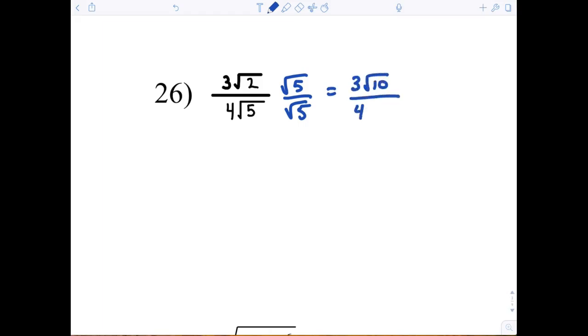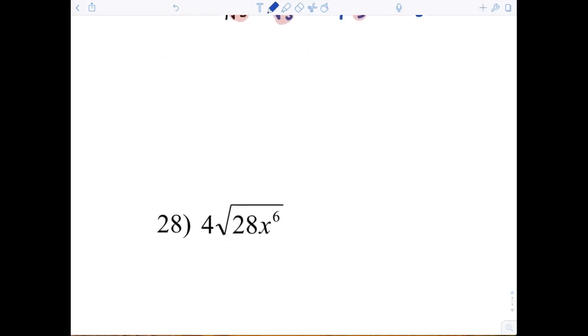Now I'm going to do this just for now: 4 times 5, because radical 5 times radical 5 is 5. And then that's going to be 3 radical 10 over 20. Sebastian, you okay? Where did the 4 come from? The problem. Oh, sorry.